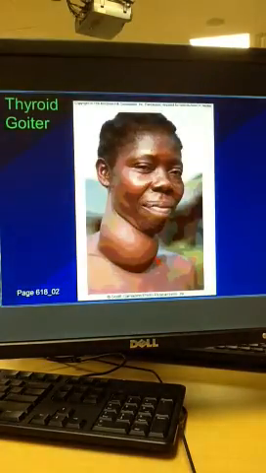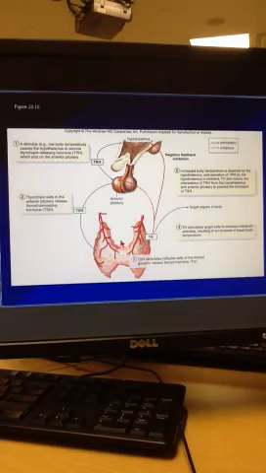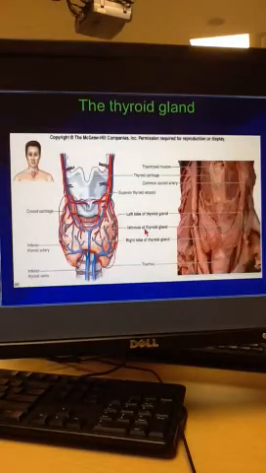There are many other problems associated with the thyroid gland. Oversecretion can cause hypertension, tachycardia, anxiety, psychotic reactions, and there's a disease called thyrotoxicosis.